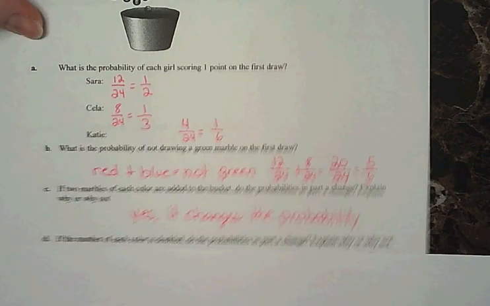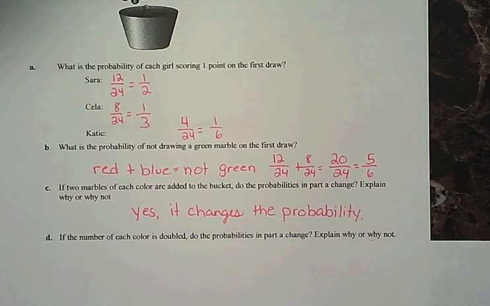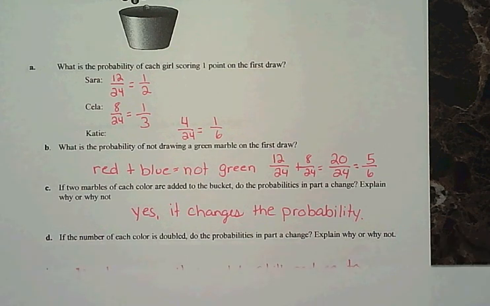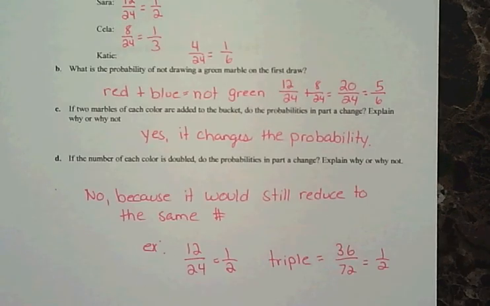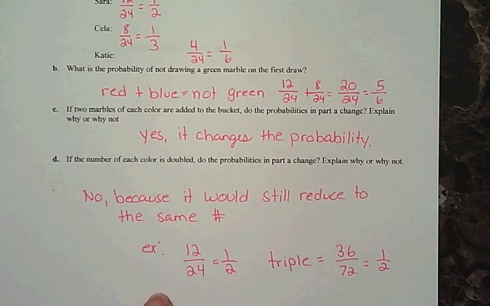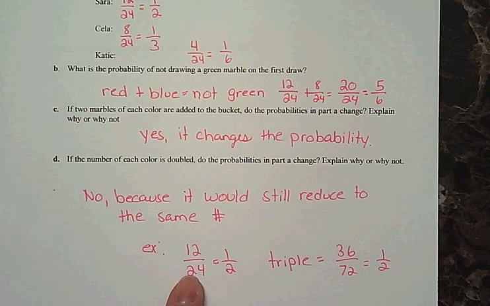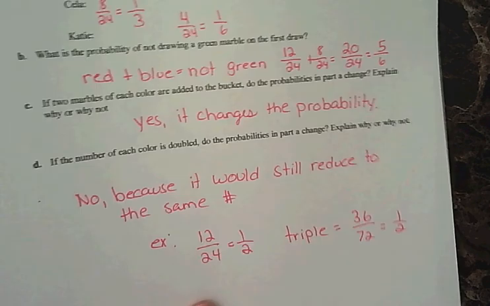If the number of each color is doubled, do the probabilities change? Once again, you could just put yes or no. And it should be no because it will reduce to the same number. I used red as an example here. Red was 12 out of 24, which is 1/2. If I triple them, it becomes 36 out of 72 because I multiplied all of that by 3, which is still 1/2.